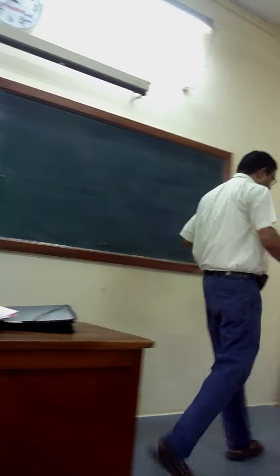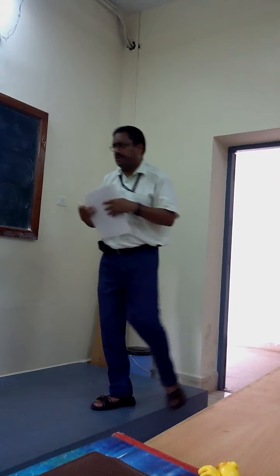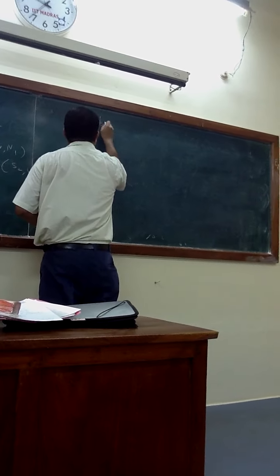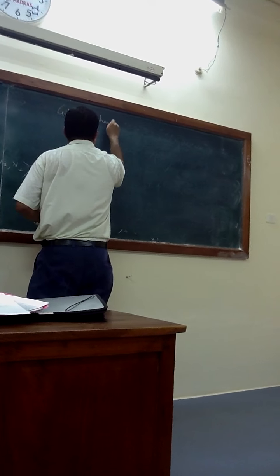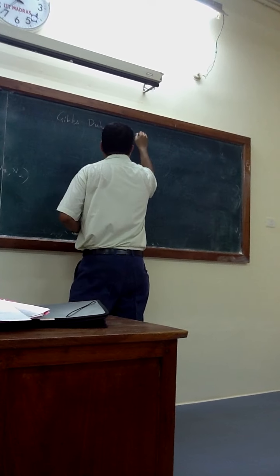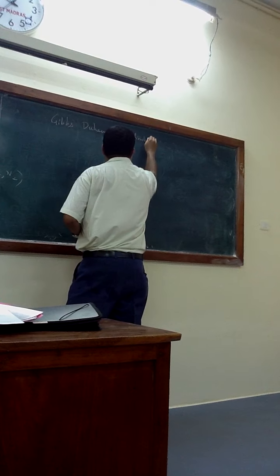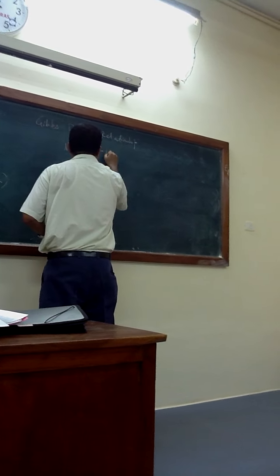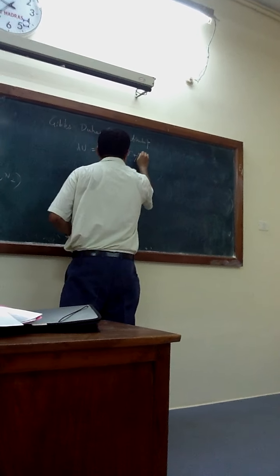Okay, so we did the Gibbs-Duhem relationship. What have we done for Gibbs-Duhem? The relationship, which is dU equals TdS minus PdV plus mu dN.